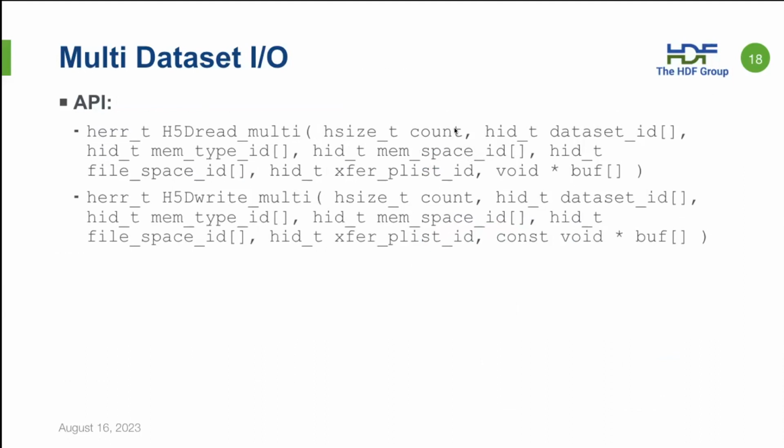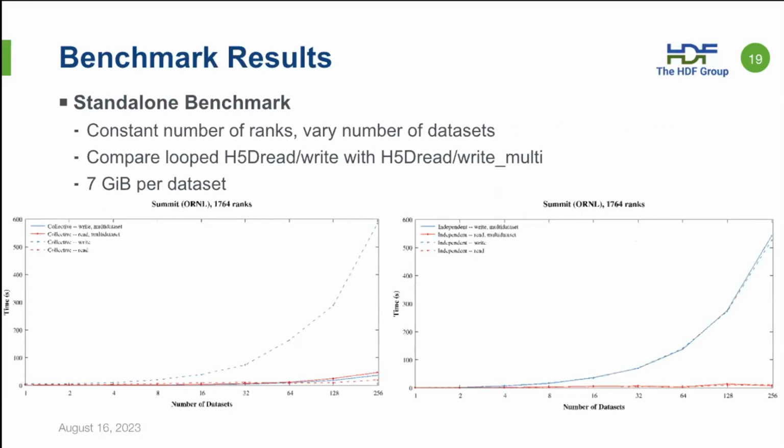Then you have this count parameter, and that determines the lengths of the arrays. You can look up the reference manual for the details, but it's pretty simple. If you pass a count of 1, then it reduces to being the same as the regular H5Dread and H5Dwrite calls.